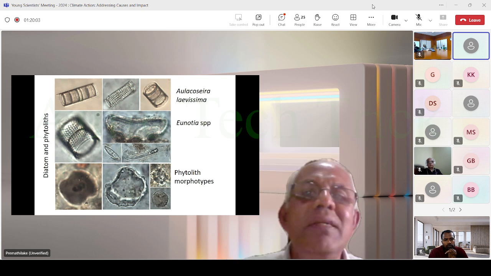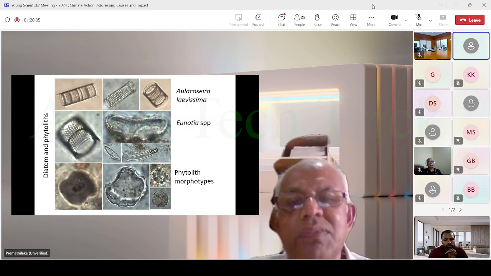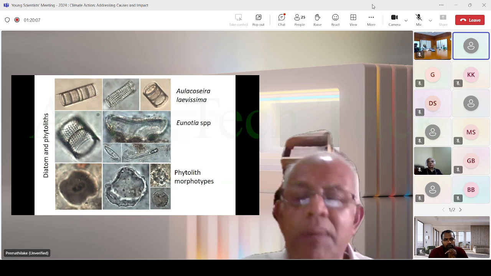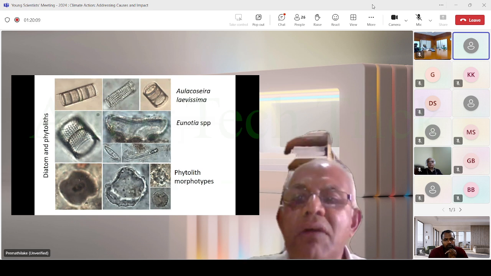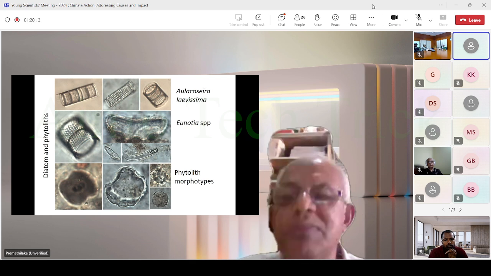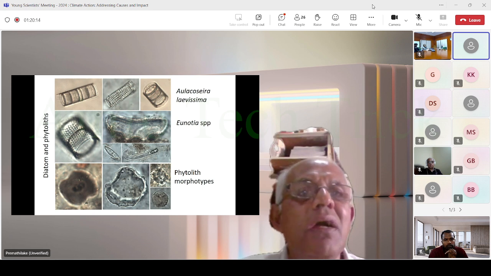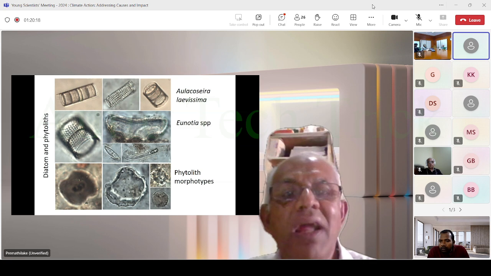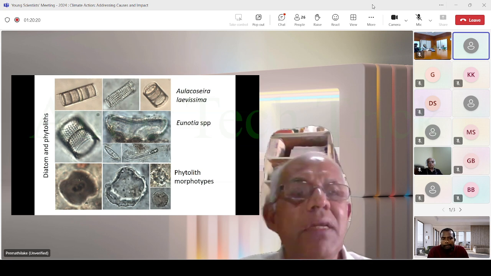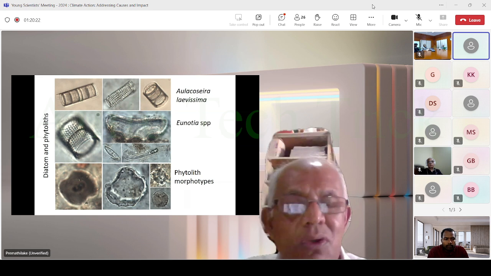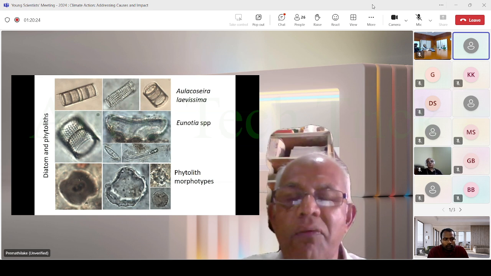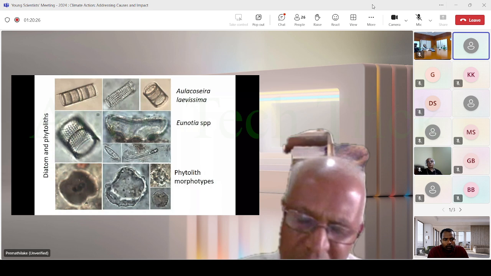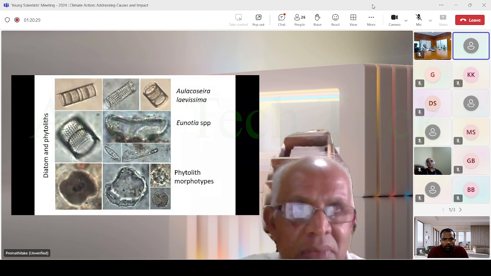Besides that, another proxy we use is the diatoms. The diatoms also give some information about climate change. We found a number of different diatoms in our samples, our cores, like Aulacoseira lirata, which is one of the key diatoms that we found. They are planktonic diatoms. Besides that, Eunotia and some other types of diatoms also prefer wet conditions or a wet environment, or certain humidity.